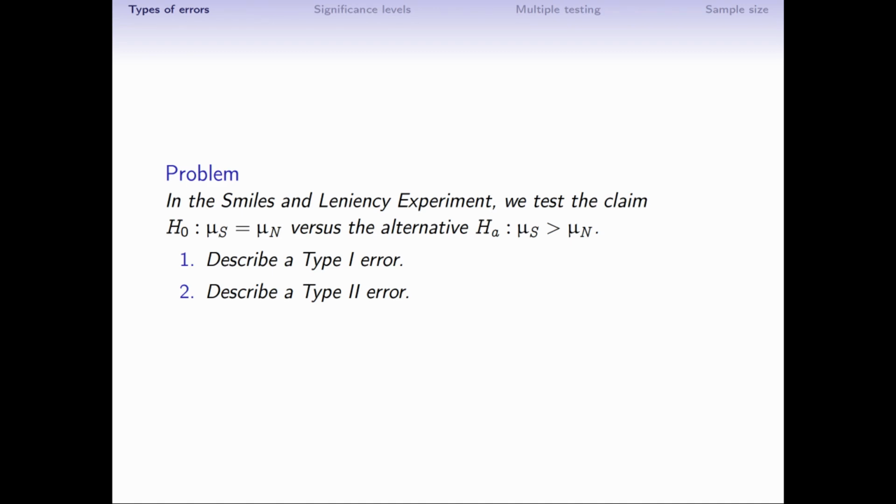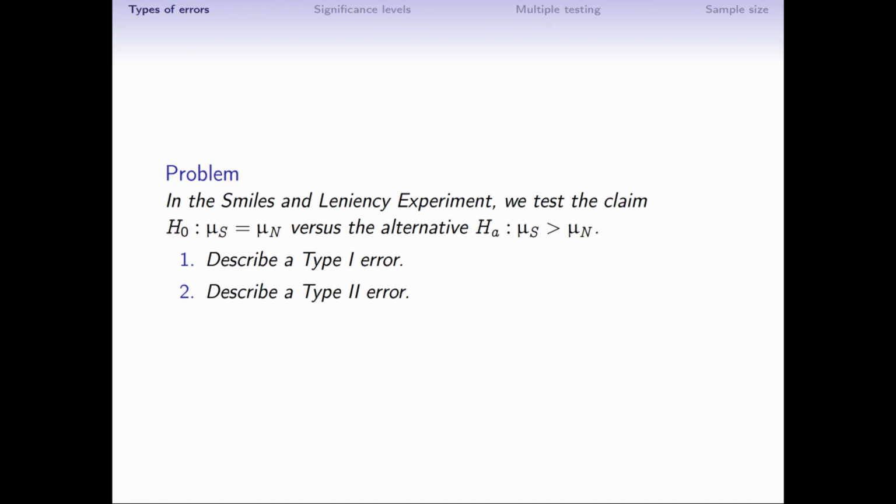It doesn't matter if you smile or have a neutral expression, right? But our sample produced enough evidence to cause us to support the alternative conclusion that it is better to smile than to have a neutral expression. So our sample provided us with sufficient evidence to latch on to the alternative hypothesis to support it over the null hypothesis, right?